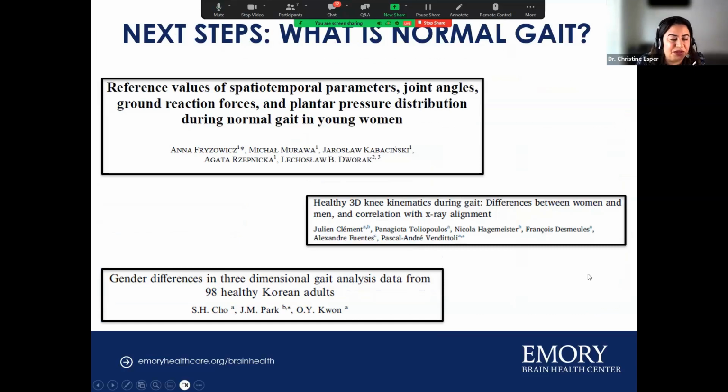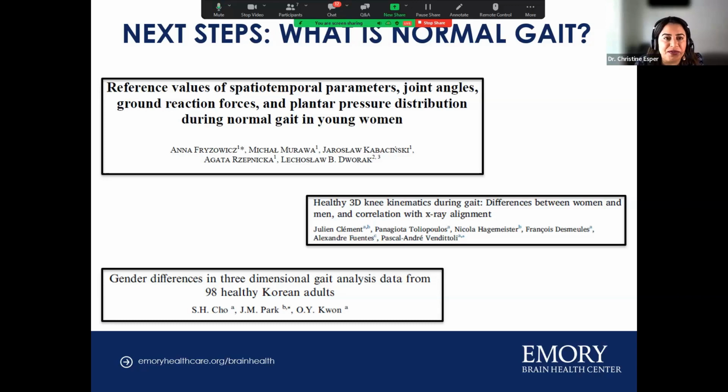So next steps, what is normal gait? We have all this information, but really what are we comparing it to? And even so, within the disease, what is considered normal? As you may know, with Parkinson's disease, things can fluctuate quite a bit as the disease advances. And then are they on meds, off meds? Have they had any type of intervention?